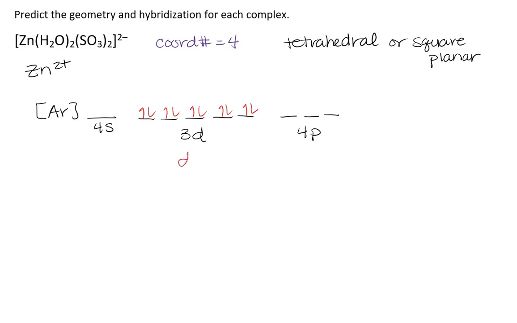So this is considered a d10 complex because the d subshell has 10 electrons in it. It's completely full. The only available orbitals then for hybridization are the s and the 3 p's. So our hybridization is sp3, and that corresponds to a tetrahedral complex.